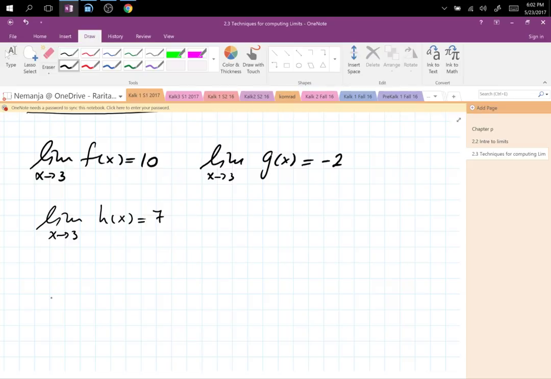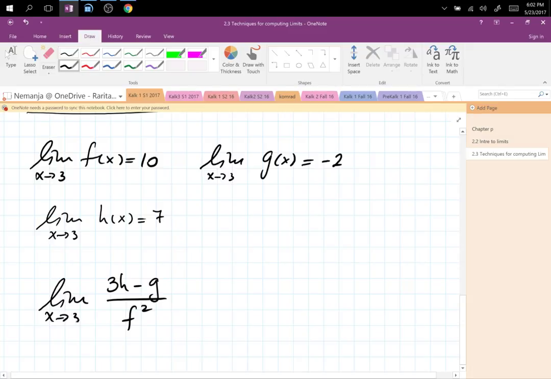So now what do I want to find? I want to find the limit of 3h minus g over f squared, whatever. All right. So if you look at this, you can break it apart.